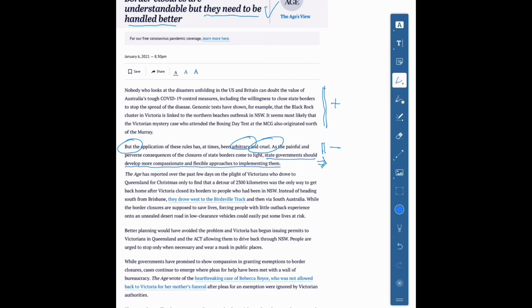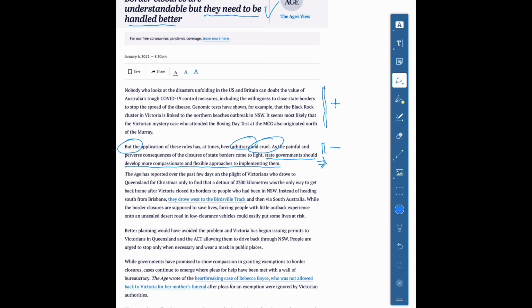Okay, so this part is the negative, and I would highlight this and remind you that this is not the title. This is the thesis of the editorial. This is the core. This is the main point of the editorial that the newspaper wants the reader to accept: that the government should handle the policies better. How?